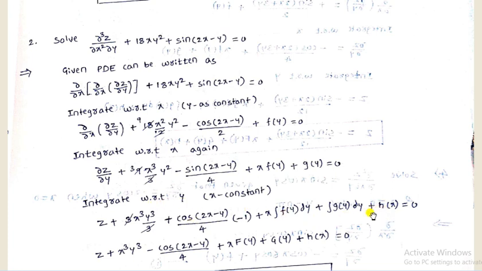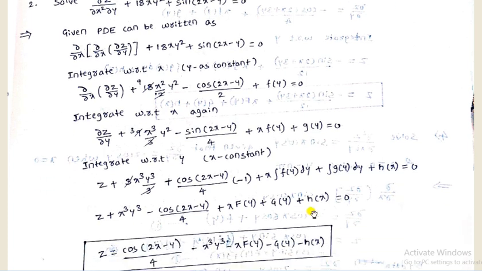Then we get z plus x cube y cube cos of (2x minus y) divided by 4, x into integration of f of y dy is denoted as capital F of y, and g of y dy is denoted as capital G of y, plus small h of x equal to 0. So which is the required solution.